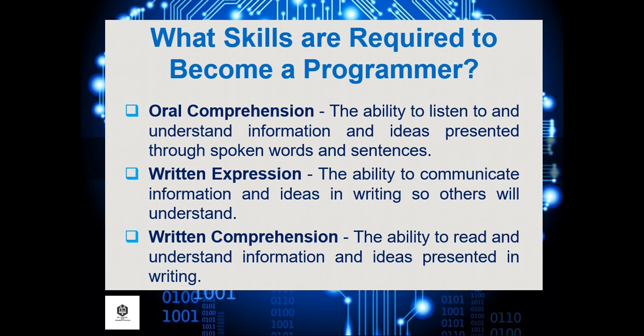Next skill is written expression. It is the ability to communicate information and ideas in writing so others will understand. Next is written comprehension, the ability to read and understand information and ideas presented in writing.